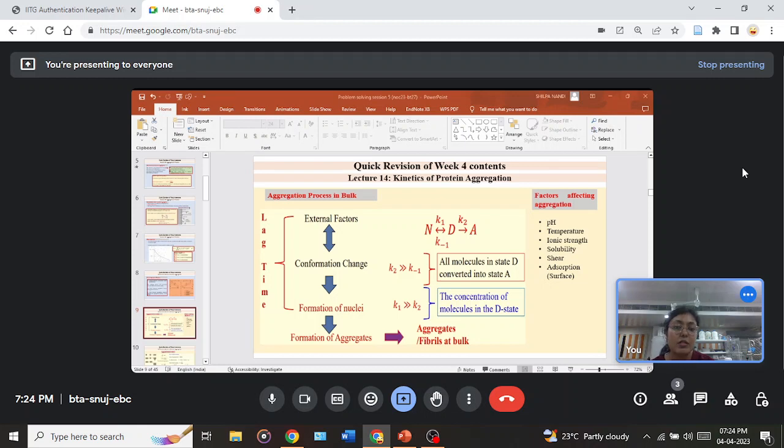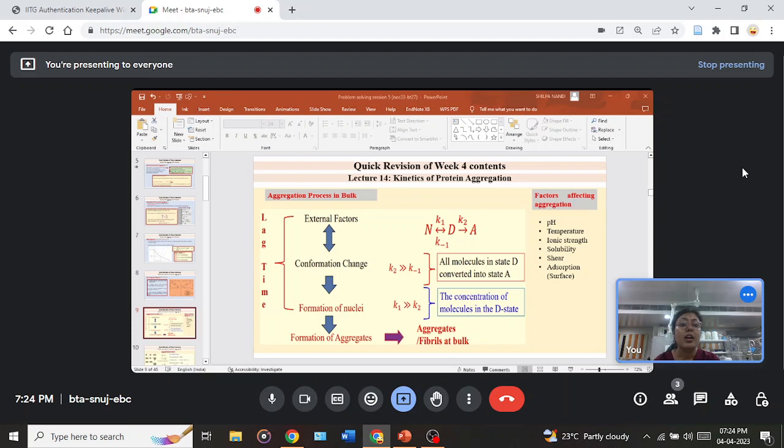So when N converts to D, there is a K1, that is the rate of formation of the degraded structure. Then there is a K2, that is the rate of aggregation, and as you can see during the conformational changes, K2 is much higher than K minus 1. K minus 1 is the conversion back from the degraded stage to the native stage. So all molecules in D state will convert into A state only when K2 is much higher than K minus 1, right?